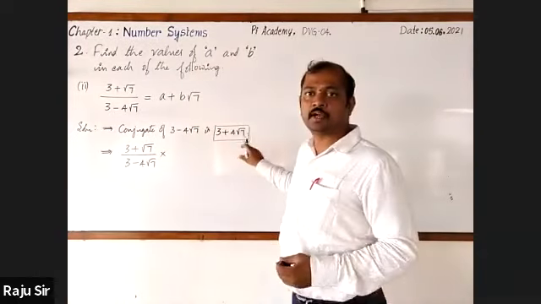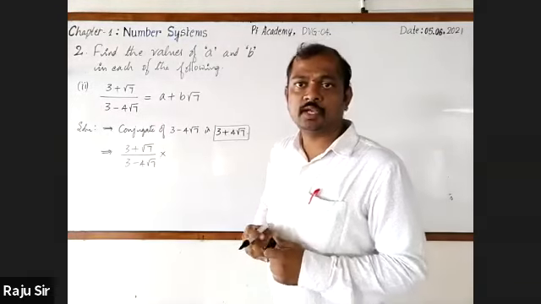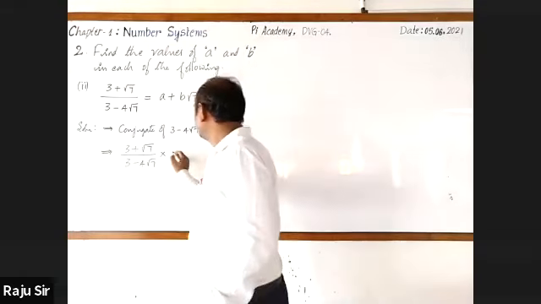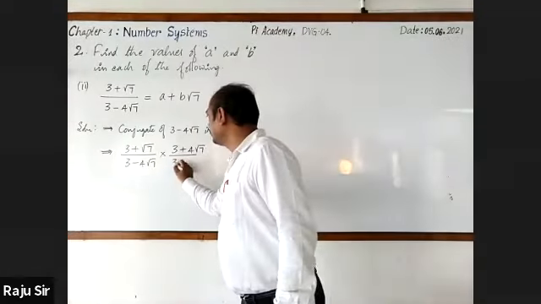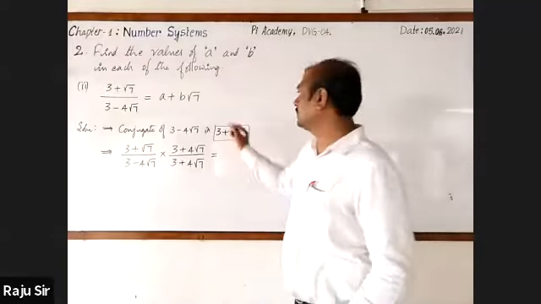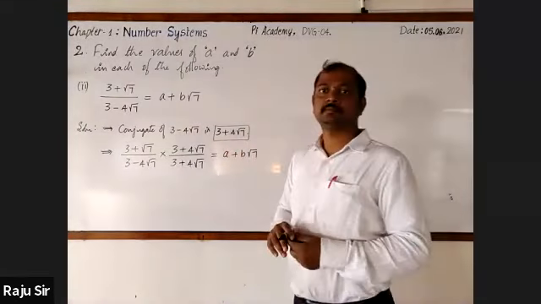Now multiply the conjugate. Hema Yogesh, go on writing with me. 3 plus 4 into root 7 by 3 plus 4 into root 7. This is equal to the RHS, A plus B into root 7.